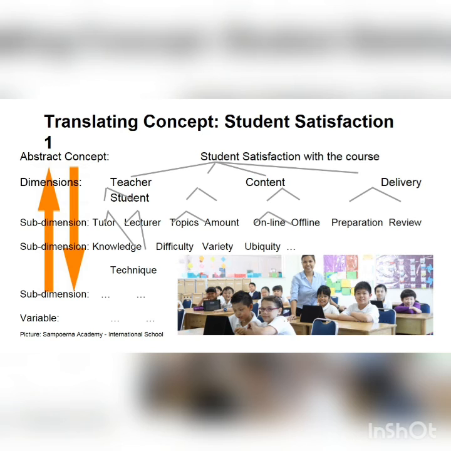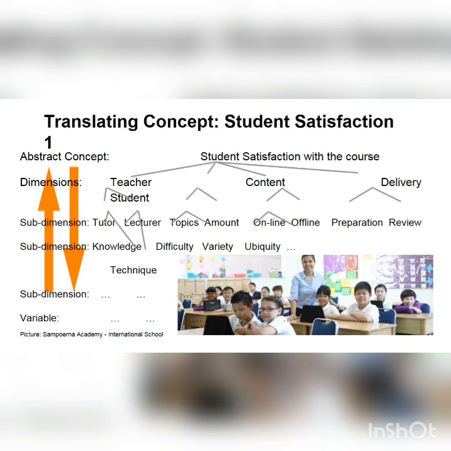A researcher wants to measure student satisfaction. First, the variables should be elaborated from the concept down to dimensions or vectors, subdimensions, and then to variables. How can we do that? We can borrow concepts, dimensions, subdimensions, and variables from other researchers.